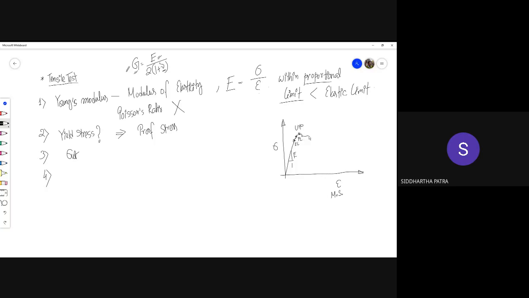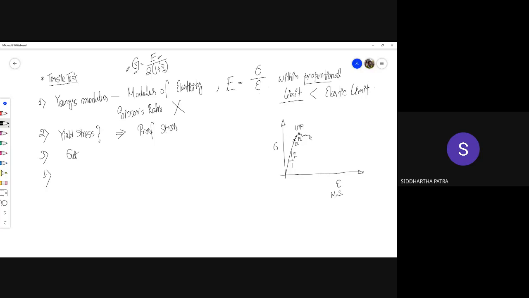You get practically very tiny resistance in terms of strain. Point being, if you try to get a significant change in stress, you get an enormous change in strain. So that part is not really very flat; it is kind of an up and down zigzag motion.